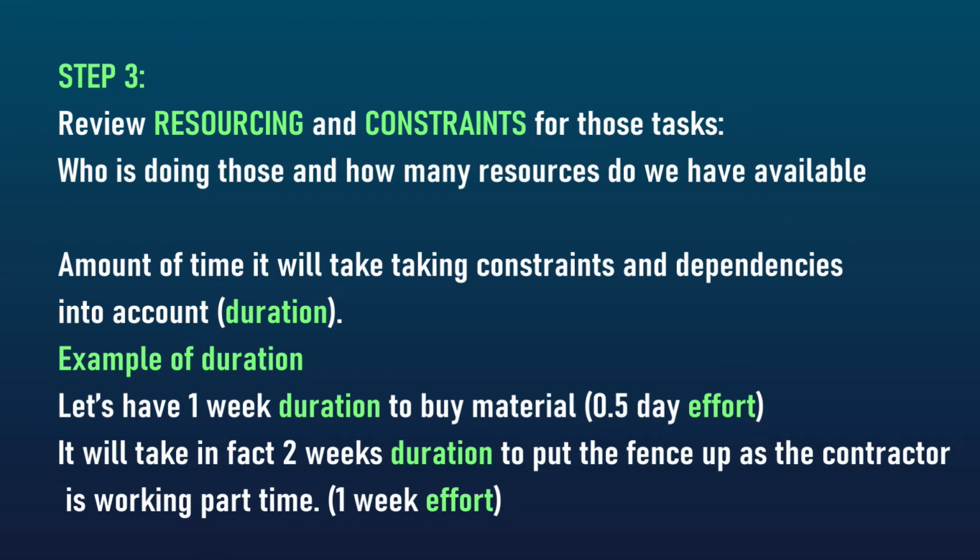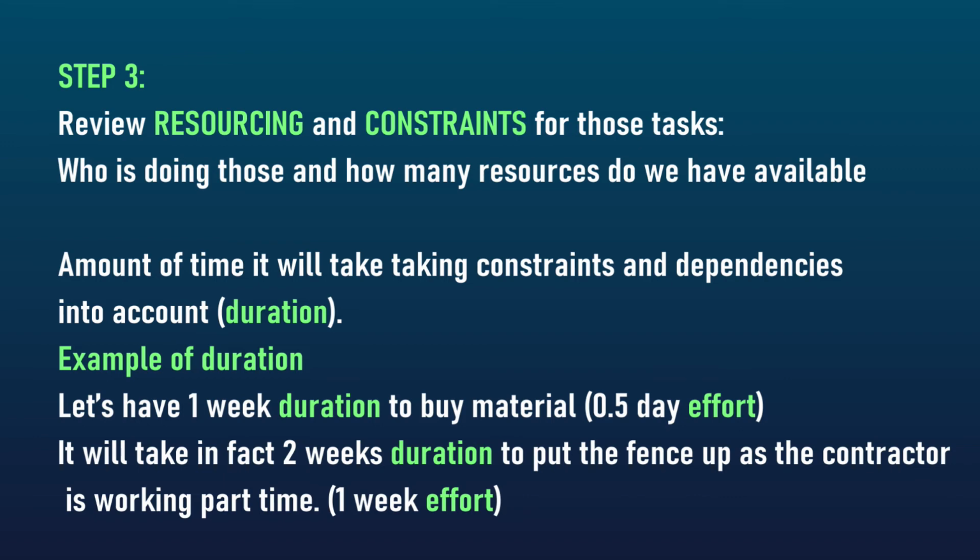Some tasks could have 1 day of effort, but on the plan you would put 5 days because the resource is not often available, works part-time or the like. It will take in fact 2 weeks to put the fence up as the contractor is working part-time. So 1 week effort, but the duration will be 2 weeks.